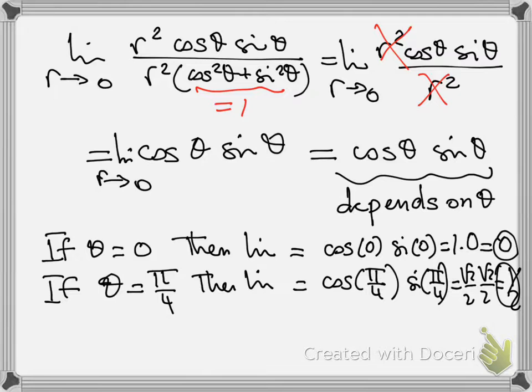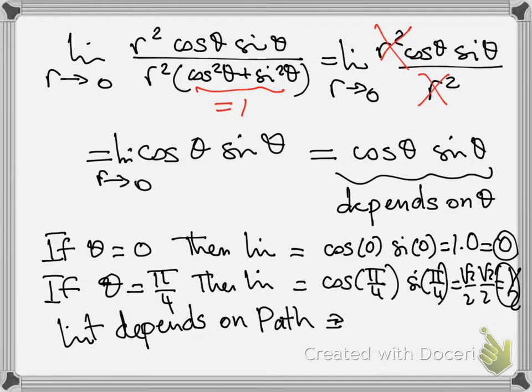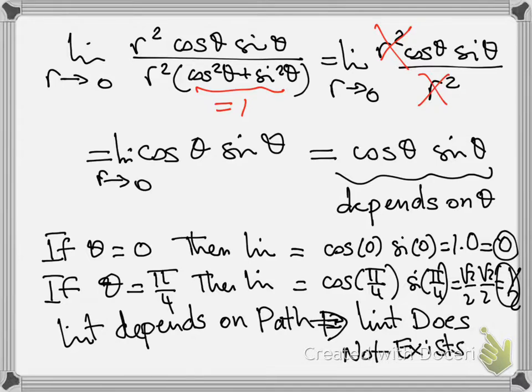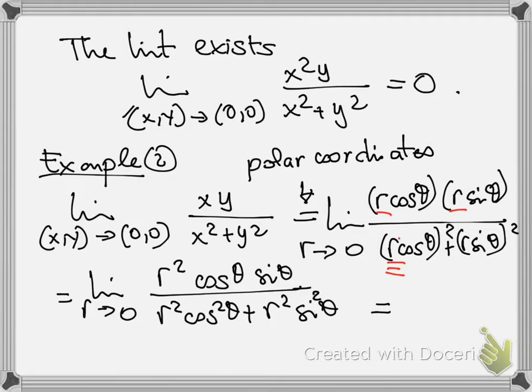So the limit depends on theta, in some sense on the path. So it means that the limit does not exist, because here it depends on theta. You see the difference from the previous example.